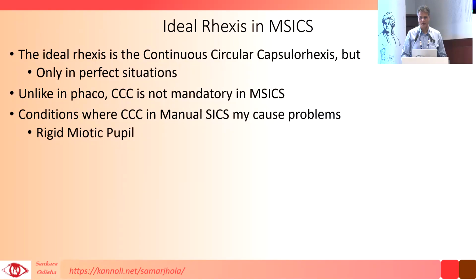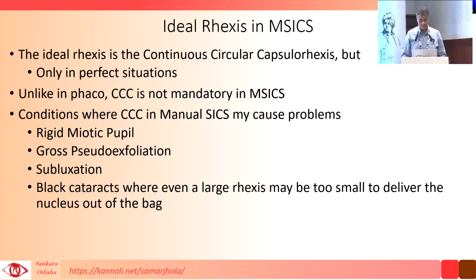If you have a rigid myotic pupil, or very gross pseudoexfoliation where you're wondering whether the lens is stable or not, when you try to remove the nucleus through a rhexis, you will actually remove the entire bag. Also subluxation, and black cataracts, where even I've had trouble removing a black cataract through even a pretty large rhexis.